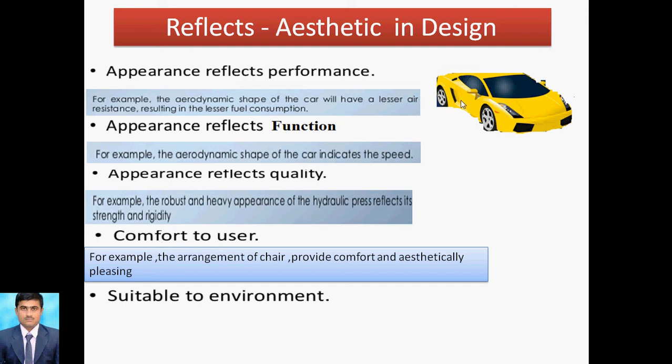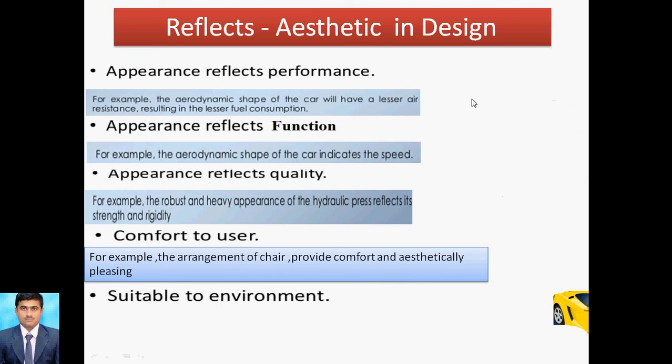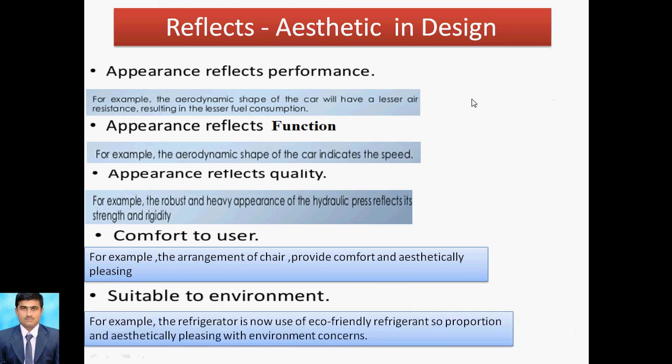The next point is regarding comfort to the user. When designing a chair for a car, it can be aesthetically pleasing as well as provide comfort to the driver. And the next and last point is suitability to the environment.